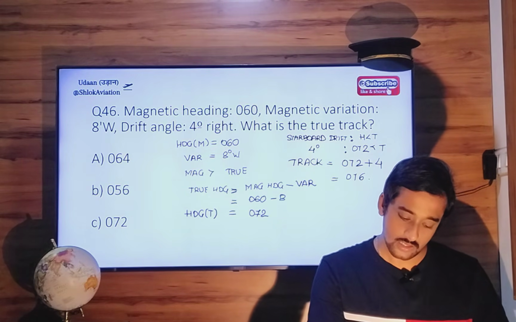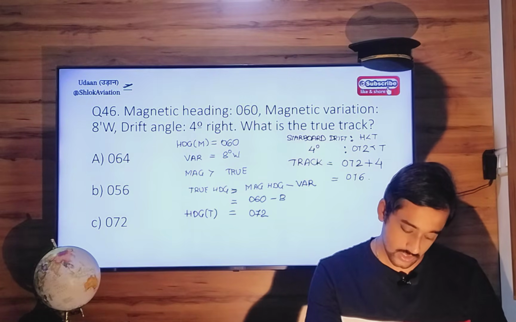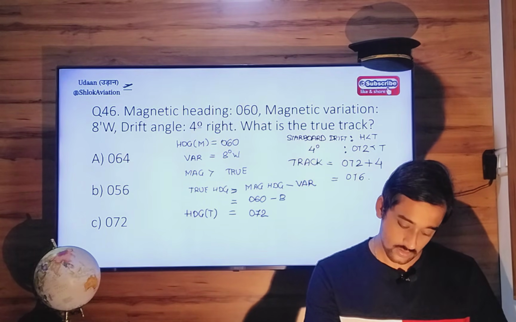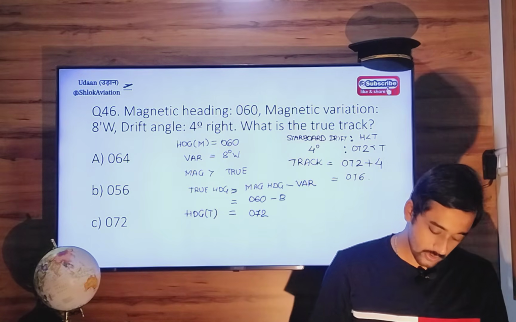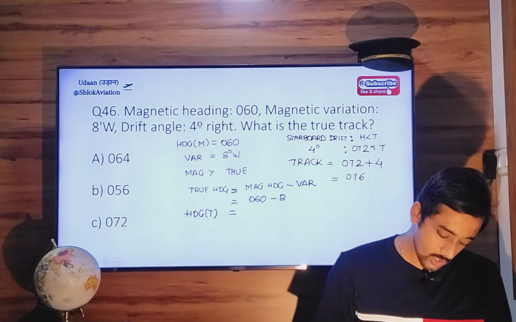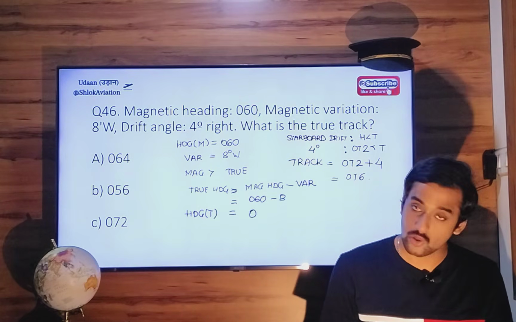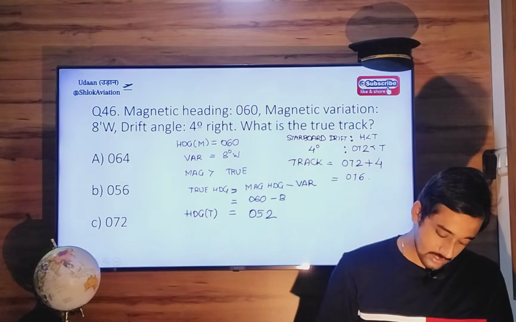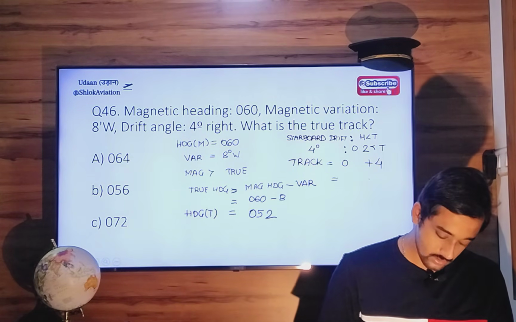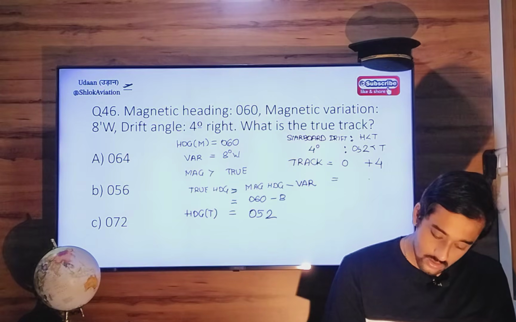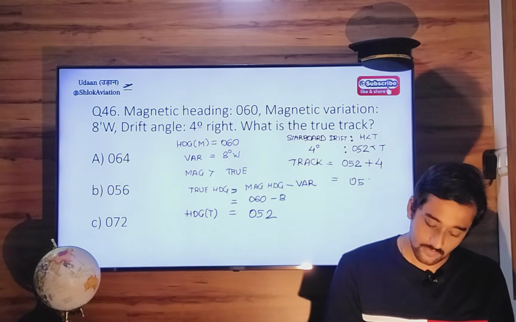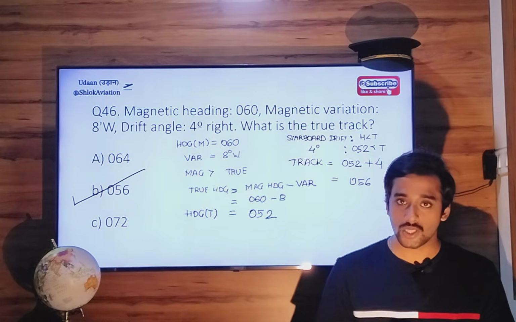Heading is less than track. Correct that: 060 minus 8 is 052, and heading is 052. So 052 plus 4 is 056. So the correct answer is option Bravo, 056.